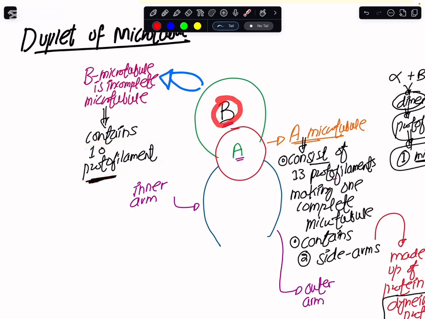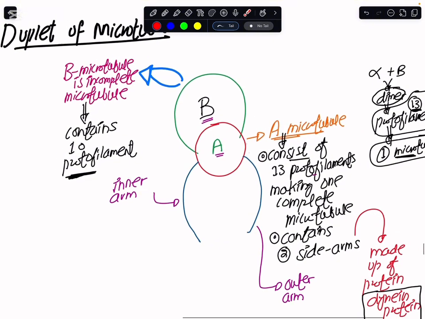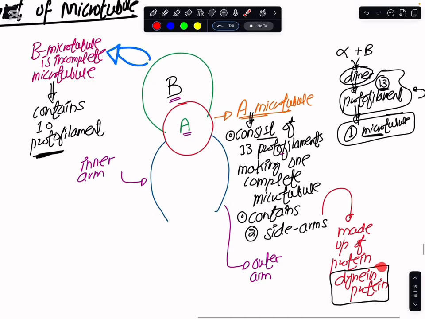But since the B has 10 protofilaments, this makes an incomplete microtubule. The A has a total of 13 protofilaments, and the 13 protofilaments make one complete A microtubule. The same microtubule further has side arms, and these side arms are made up of a protein, and the name of the protein is dynein.